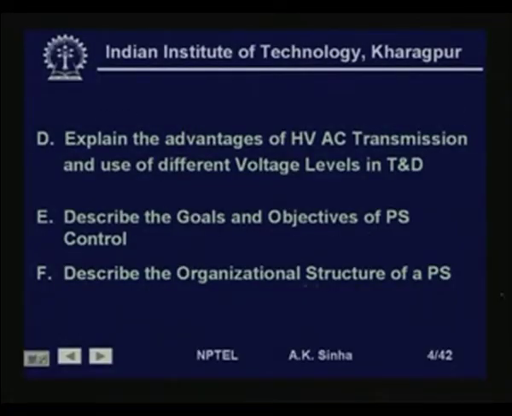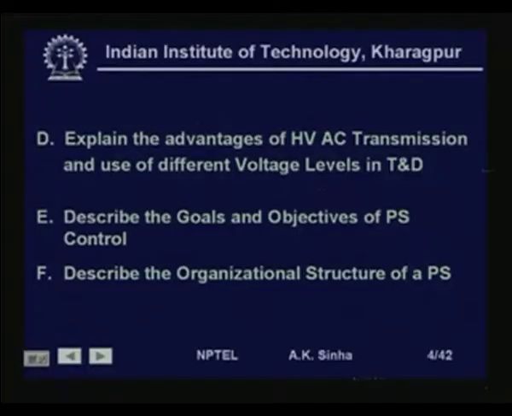We will also talk about, or you should be able to talk about, the advantages of high voltage AC transmission and the use of various voltage levels in transmission and distribution. You should be able to describe the goals and objectives of power system control: why we need this control, what the basic objective is, and what we want to do with it.